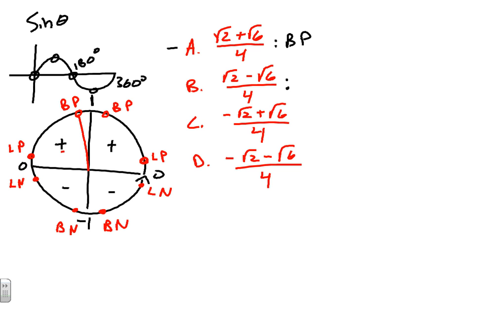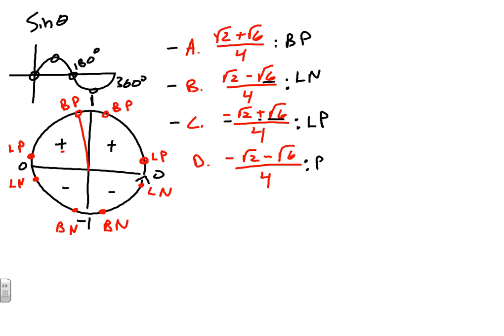This value, B, when root 6 is negative, that ensures that my numerator is going to be negative, but since root 2 is positive, they drag each other down. This is a little negative. Likewise, when root 6 is positive, that's the dominant term in the numerator, we're going to end up with a positive, but because the signs are conflicting, negative, positive, they drag themselves down and give us a little positive value.